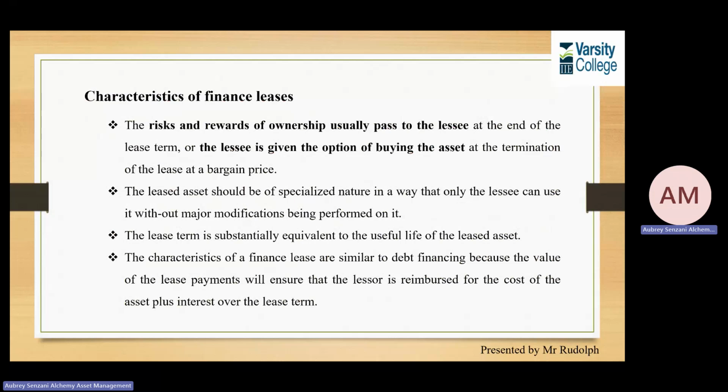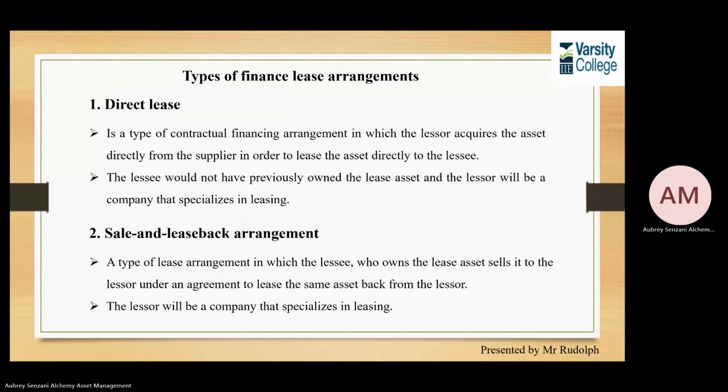The characteristics of a financial lease are similar to debt financing because the value of the lease payments will ensure that the lessor is reimbursed for the cost of the asset plus interest over the lease term. Okay, so once again, that's connecting very well to the fact that we usually structure your financing lease according to the lifetime of the asset.